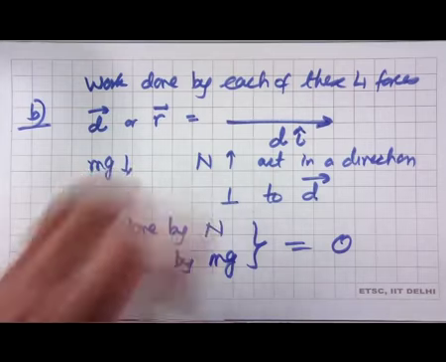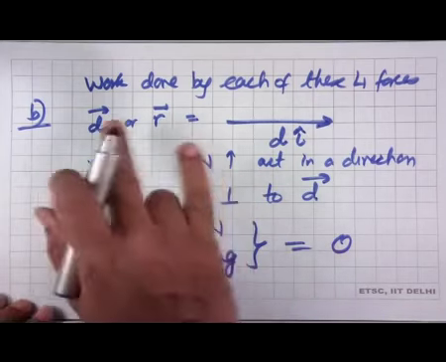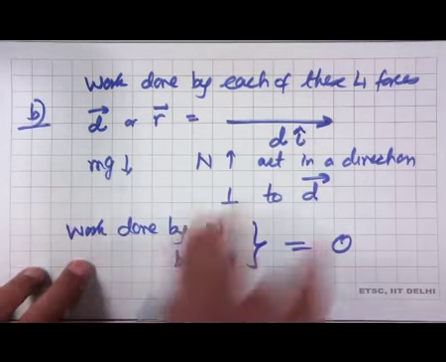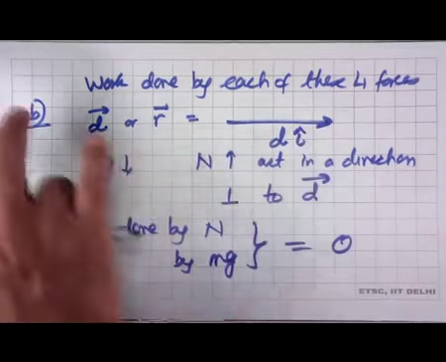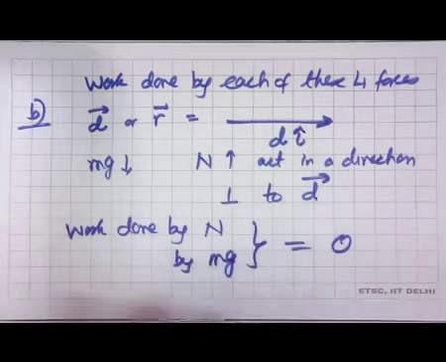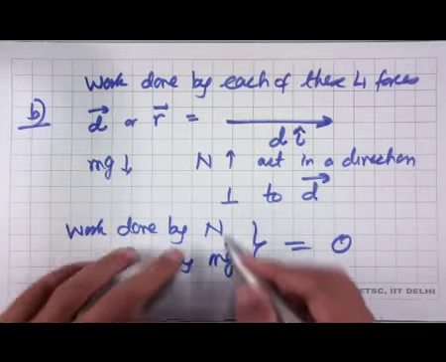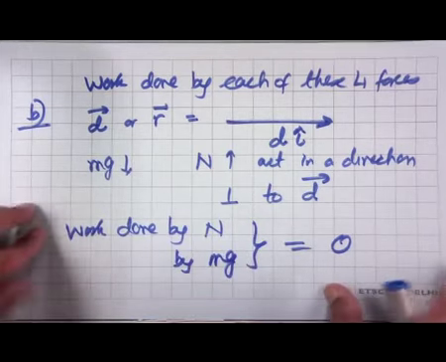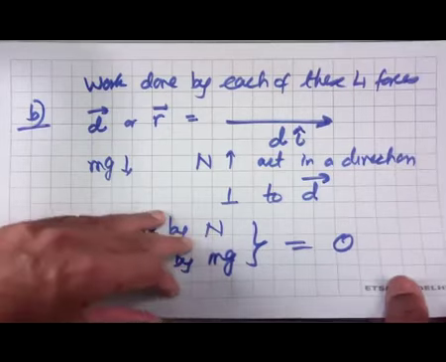Now, notice this work done depends on the dot product of force and displacement. So, when we calculate the work done, we look at the particular force and the displacement, which stays the same for all the 4 forces. Because these 2 forces are perpendicular to d, the work done by these 2 forces individually is equal to 0.